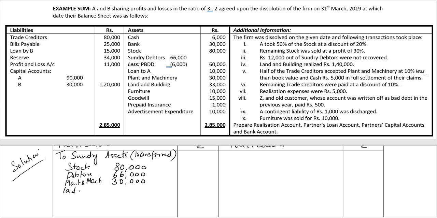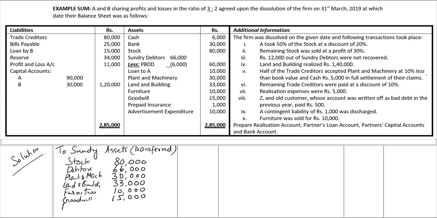Land and building, 33,000 rupees. Furniture, 10,000 rupees. Goodwill, 15,000 rupees. And lastly, prepaid insurance, 1,000 rupees.